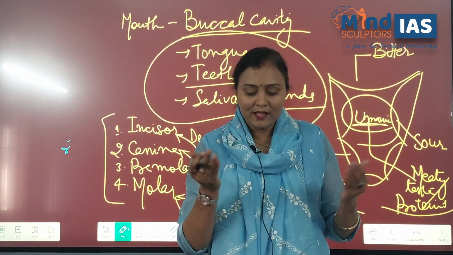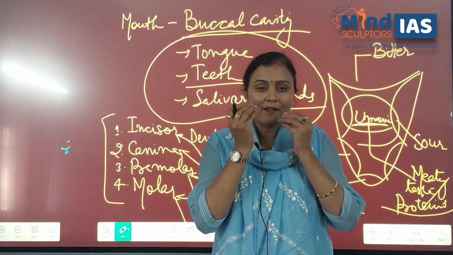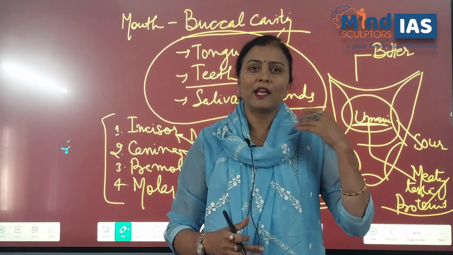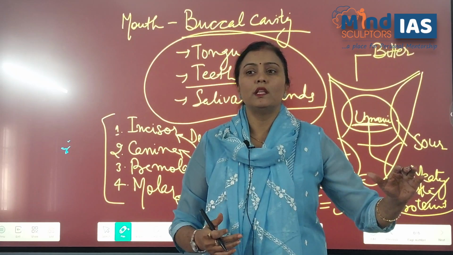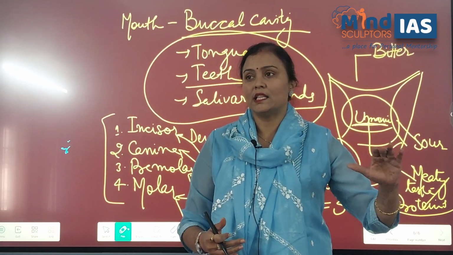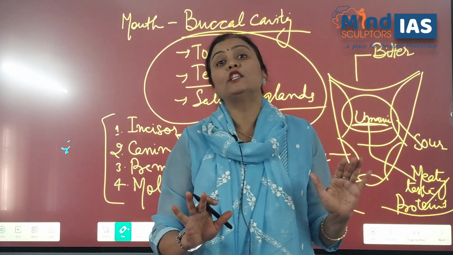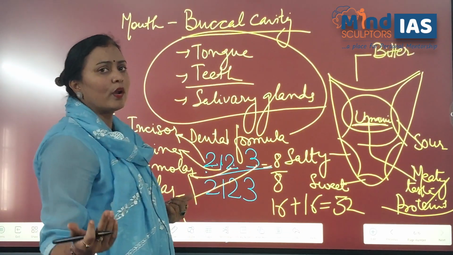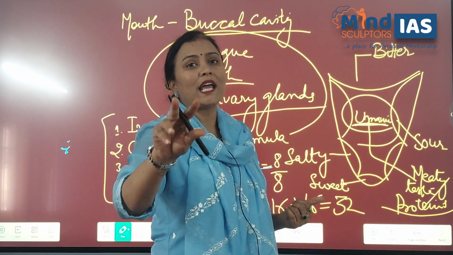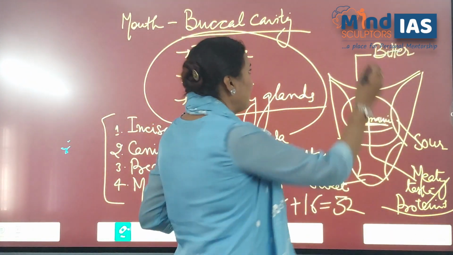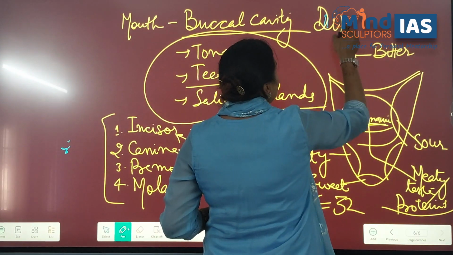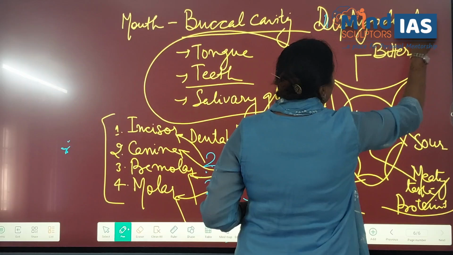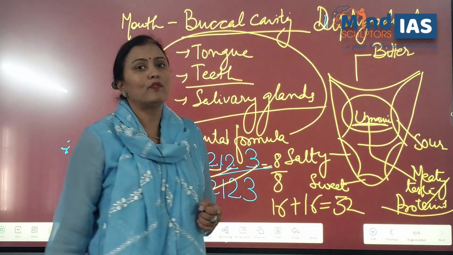You people have seen when a kid is small, they have their teeth, and those teeth are very soft, and after a certain period of time those teeth are replaced with permanent teeth. So organisms having teeth 2 times in their entire lifetime are called diphyodont.